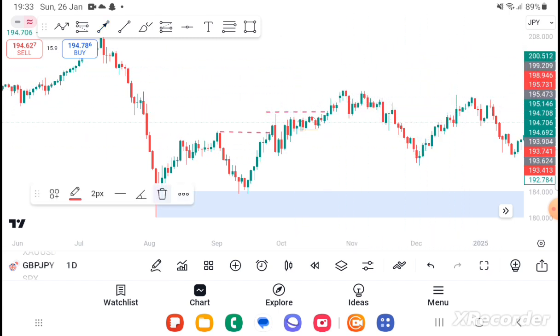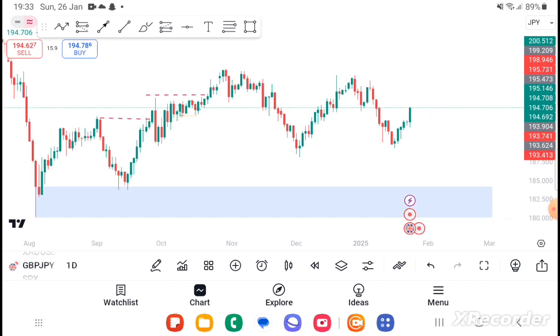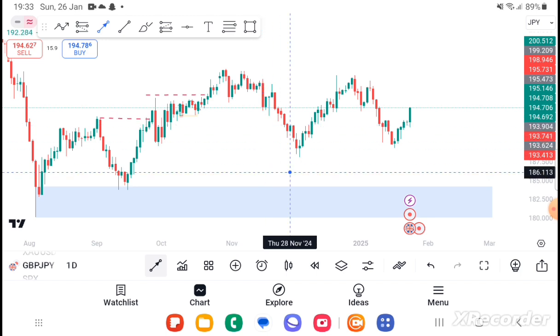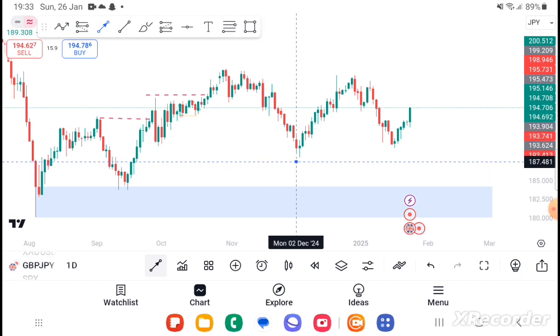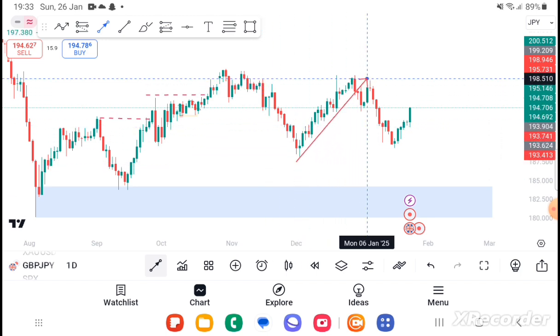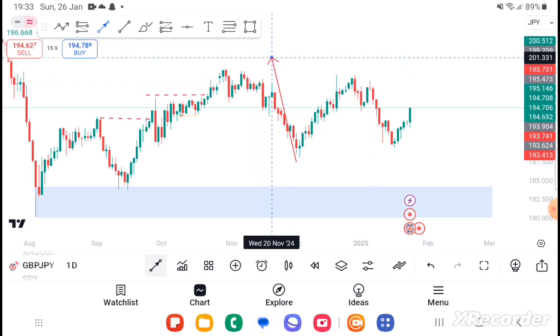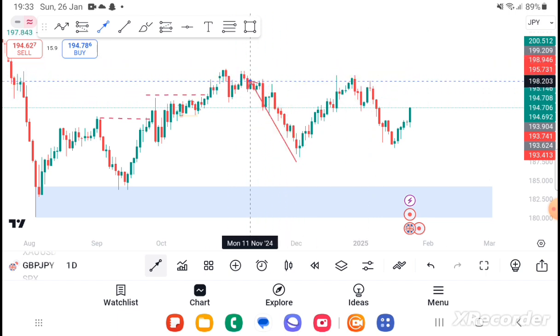Then after that happening, we see a push also from this low to this upside, right? Price encountered this resistance area.